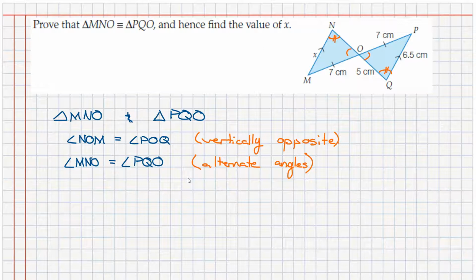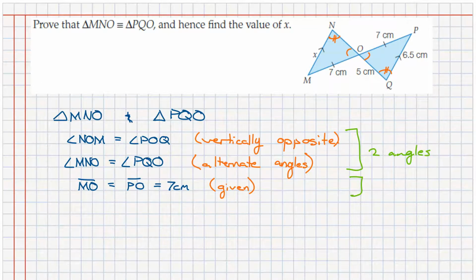Now the final property we need to look at is side MO and side PO. Both of these sides are equal to 7 centimeters. So what we can say is that they're equal and it is given. Now have a look at what we've got. We've got two angles and we've got a side.